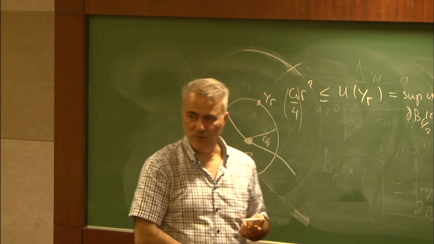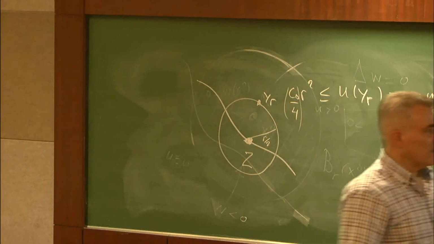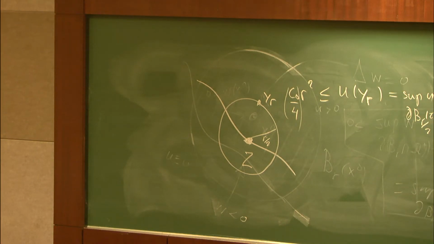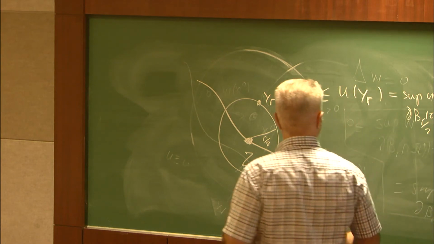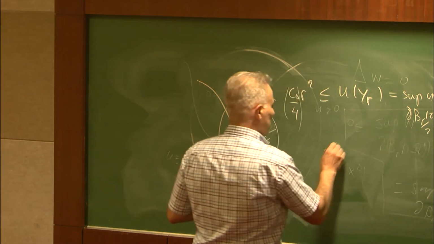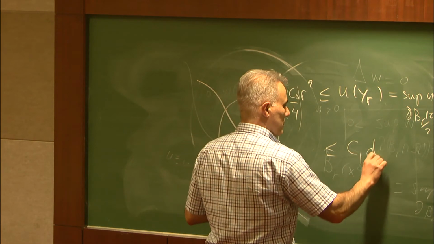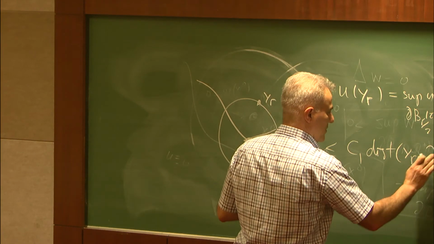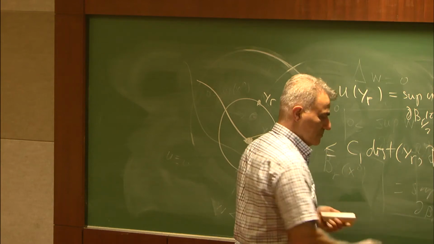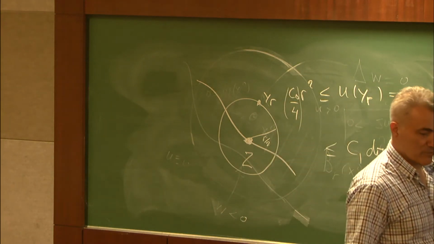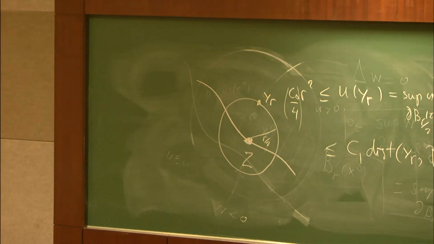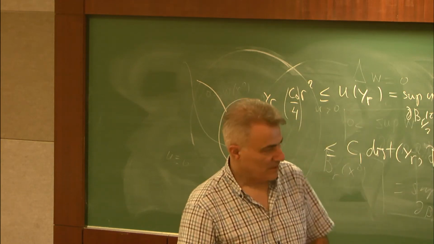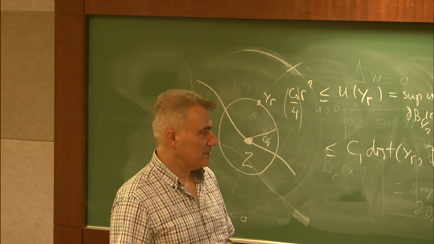If that's the old C0. And then, on the other hand, I know this is bounded by the distance to the power 2, this is bounded by C1 times the distance to the free boundary for omega plus. So what does it tell us?